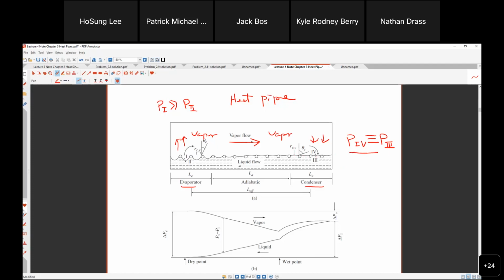So 4 and 3 are almost the same. And pressure 1 and pressure 4 are almost immediately supplied the same because of vapor. So 1 is the same as 4, and 4 is the same as 3.